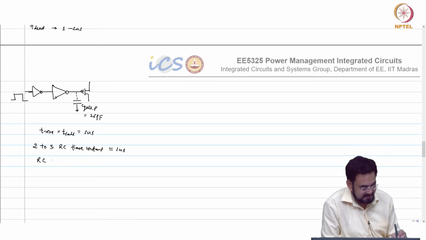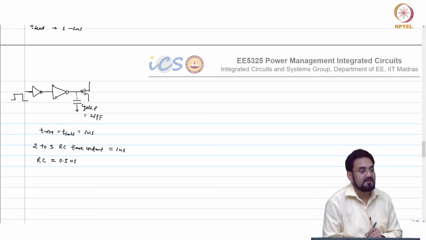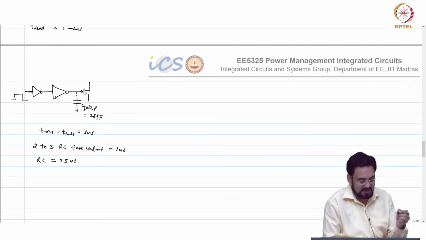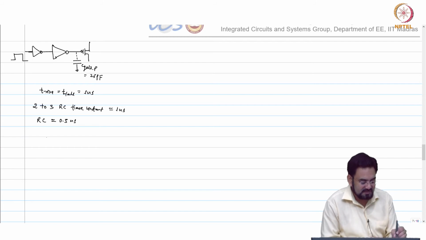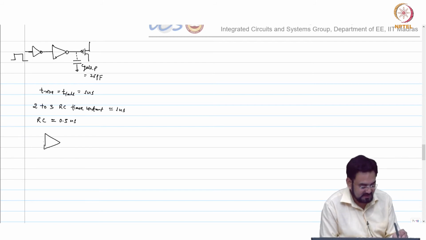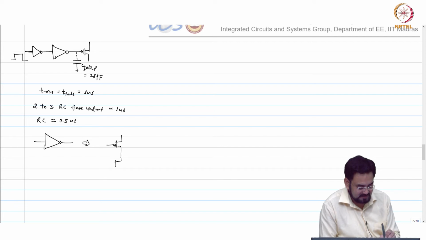So RC will be closer to 0.5 nanosecond. C is already known, and R will be the on-resistance of this inverter buffer, this guy.